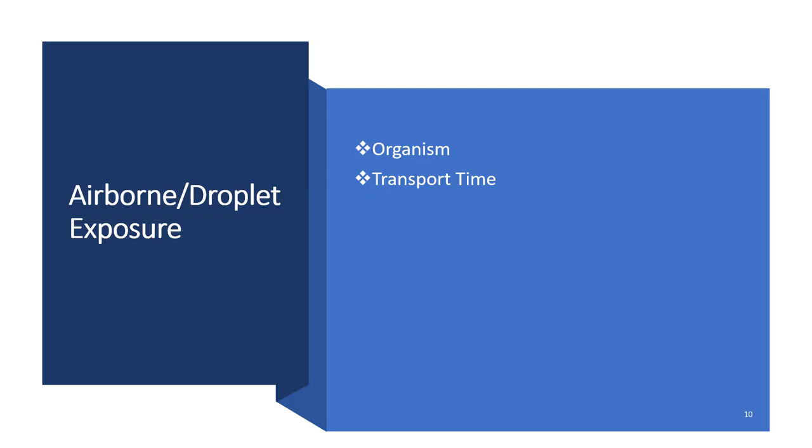How much time do you have with that individual? 15 minutes, 30 minutes? What is your average transport time? That comes in to determining an exposure event. Distance. Traditionally, droplet diseases have a 3-foot rule, and airborne diseases have a 6-foot rule.